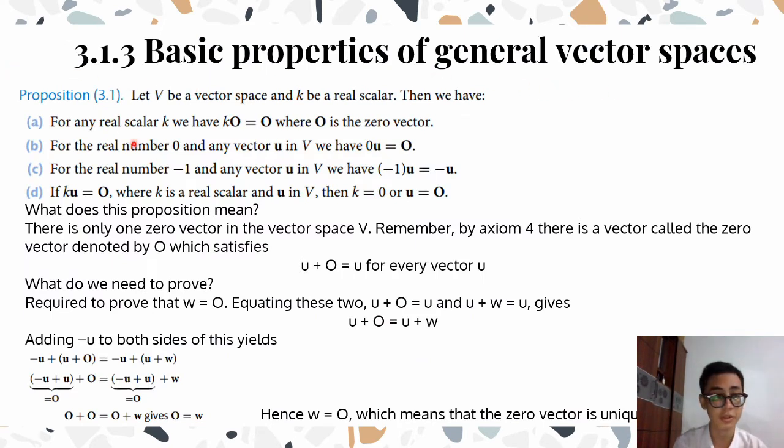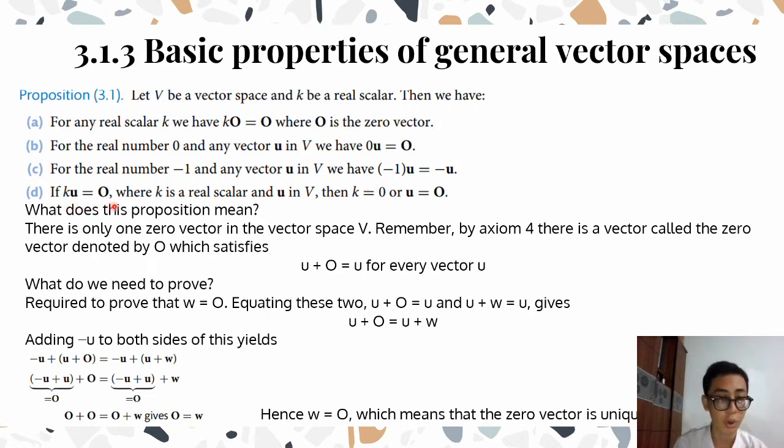Basic properties of general vector spaces. Let V be a vector space and k be a real scalar. Then for any real scalar k, we have k0 equals 0, where 0 is the zero vector. For the real number 0 and any vector u in V, we have 0u equals 0. For the real number minus 1 and any vector u in V, we have minus 1u equals minus u.